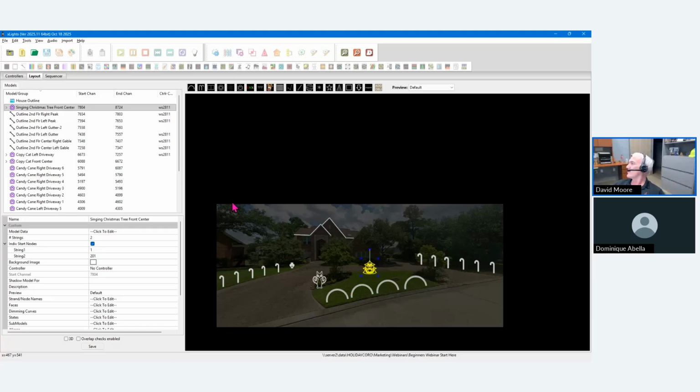And when I look at this, I see 4 distinct zones: left driveway, right driveway, front center, and the entire house as a whole. Now, my first question to a customer would be, hey, are you planning to make that house outline permanent? Because if it needs to be permanent, we need to put the controller at the house, because that's going to be the brain. A receiver doesn't have any brains.